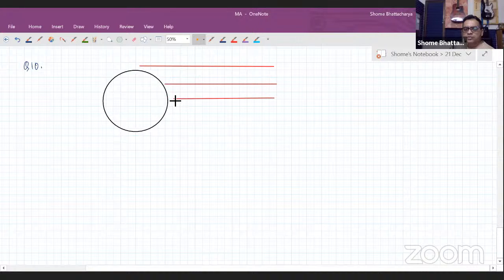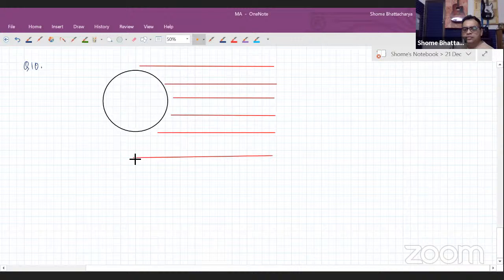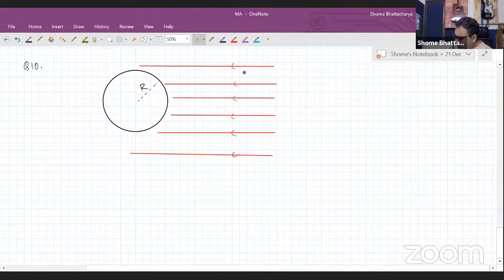It's streams of photons which are incident in this manner on the sphere of radius r. The intensity of the light is given to us, and the radius is 3 centimeters. Now the sphere completely absorbs the radiation. Find the force exerted by the light beam on it.